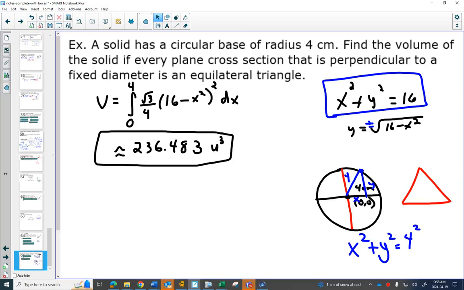But another thing you could think about on this one is you could also go from -4 to 4 and just do half of it. If I did half of it, can you see that it would make half of your equilateral triangle?